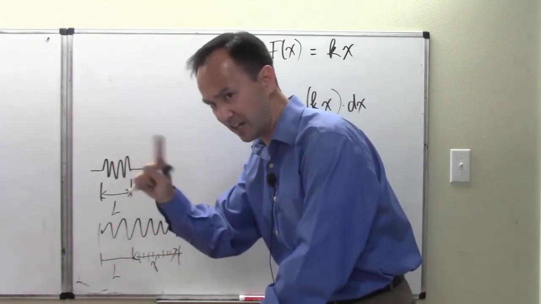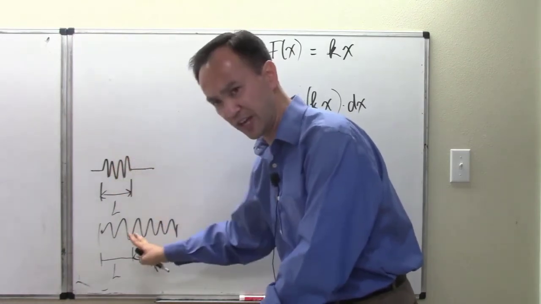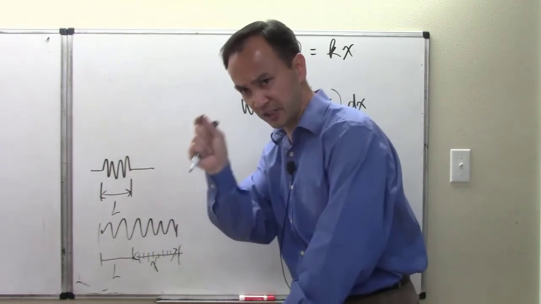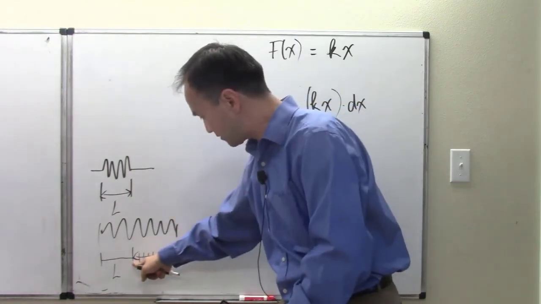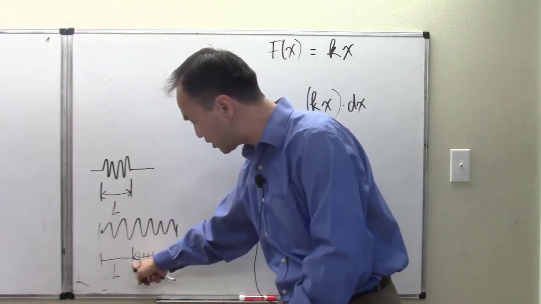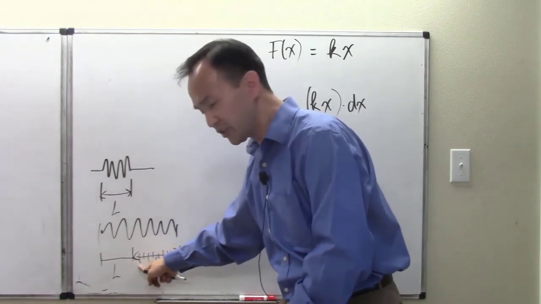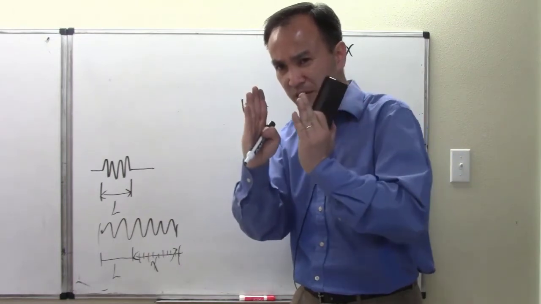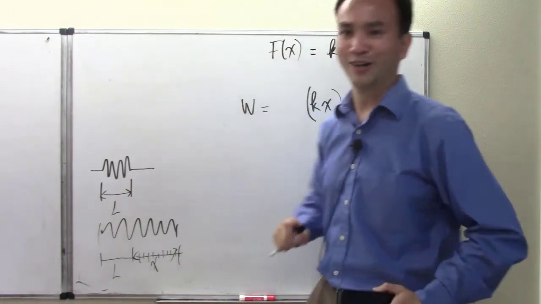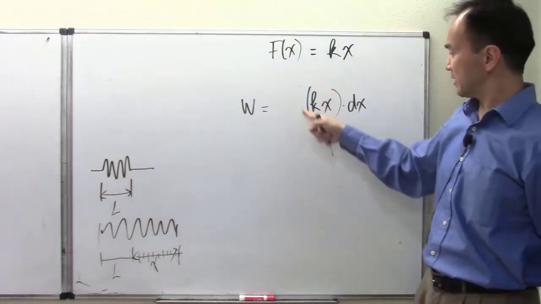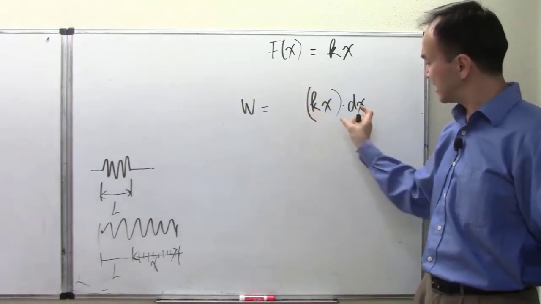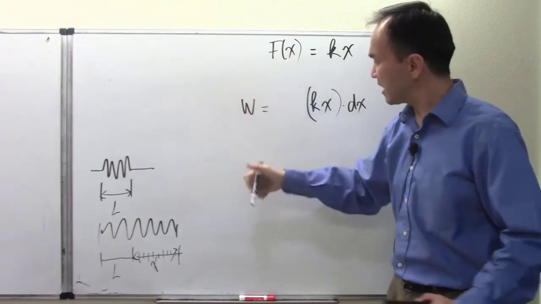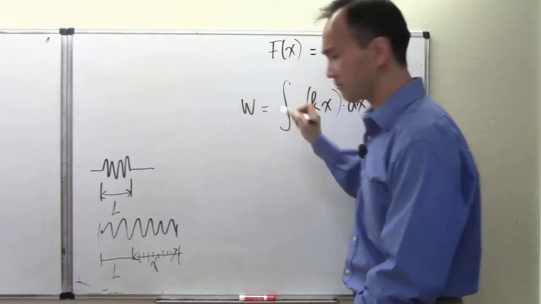Instead of saying sub-intervals, it's more appropriate to say sub-distances. We have a first sub-distance, then another, then another, and each one we let become infinitesimally small. That's why this expression represents the little work amount, and the total work is the accumulation.